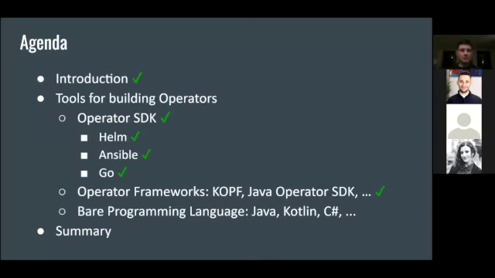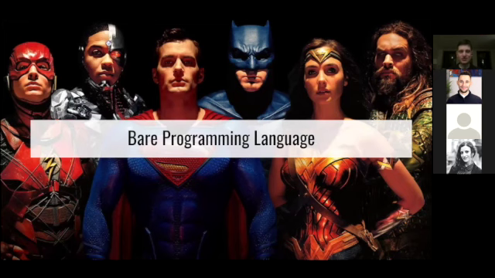So the last option you have is to write an operator from scratch. So going hardcore and not using any framework is going the hard way. So implementing everything from scratch using a bare programming language.